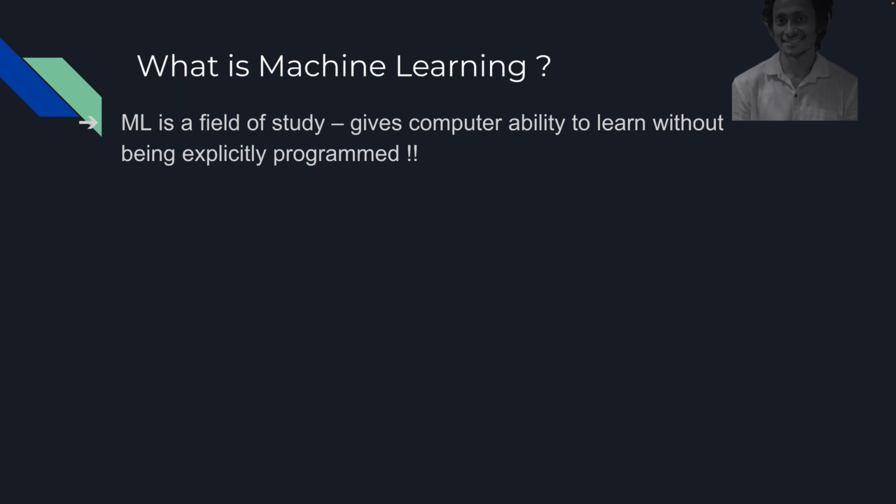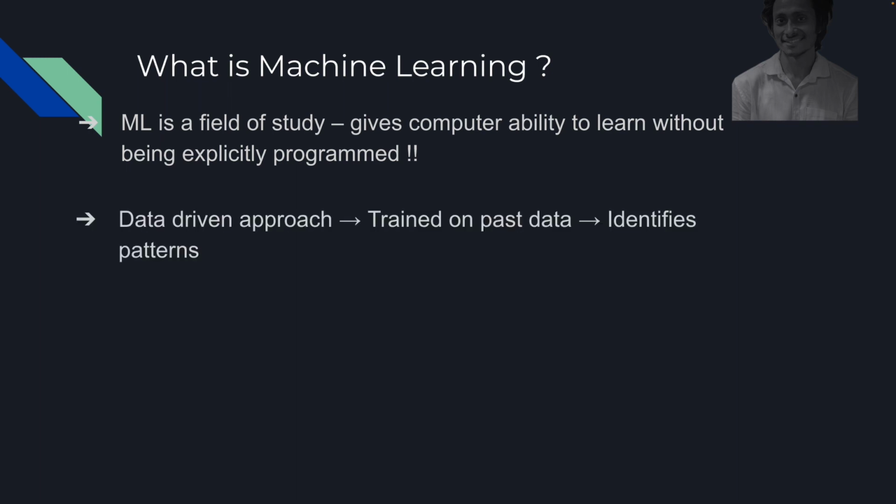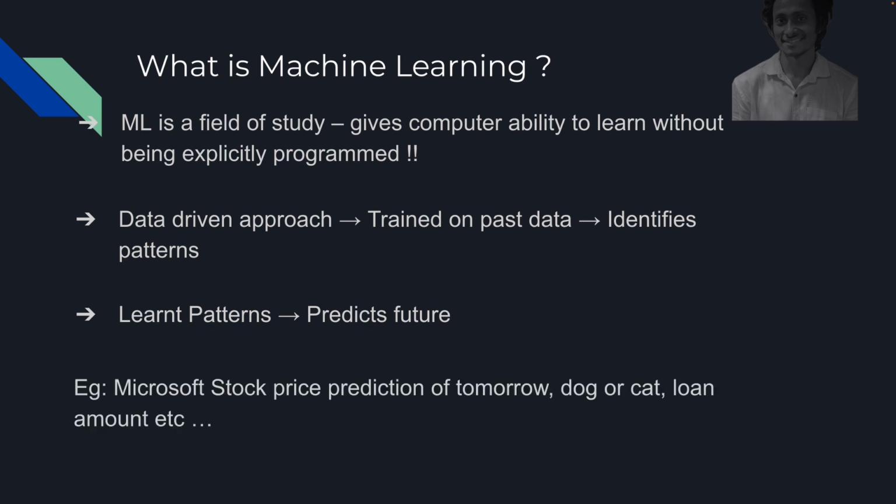Therefore, we are writing the code of machine learning models which will look at the data and identify the patterns, and from the patterns that it has learnt, it will estimate the future as accurately as possible. For example, stock prediction, identifying if an image consists of a dog or a cat, what loan amount can be given to a person given his, let's say, CIBIL score, age, salary, and so on. All these are examples of machine learning, and many more.